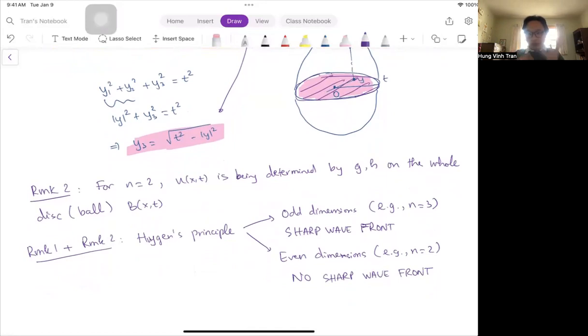So anything that changes within this ball changes the solution u at (x,t).